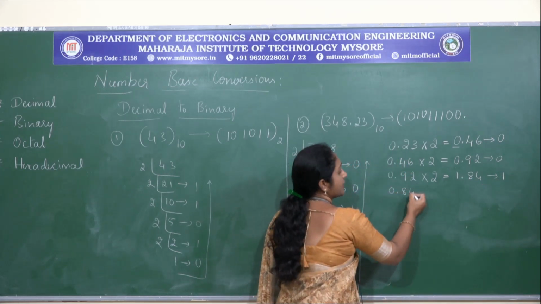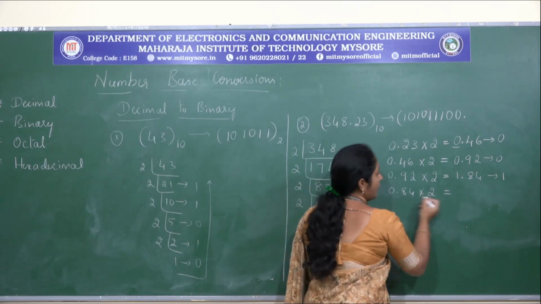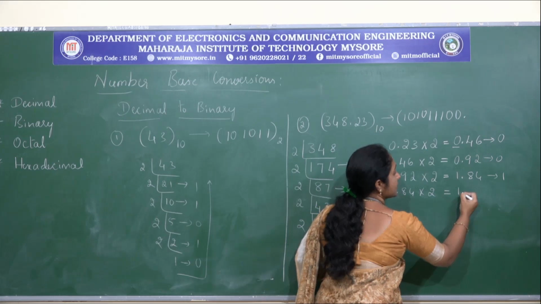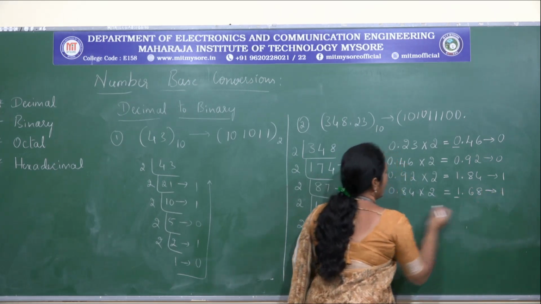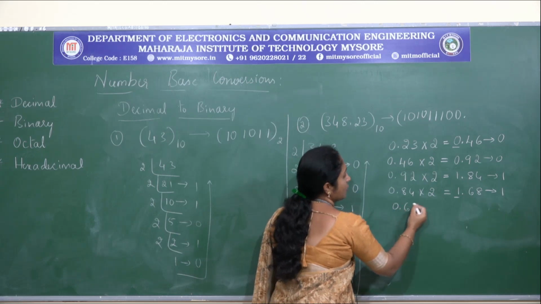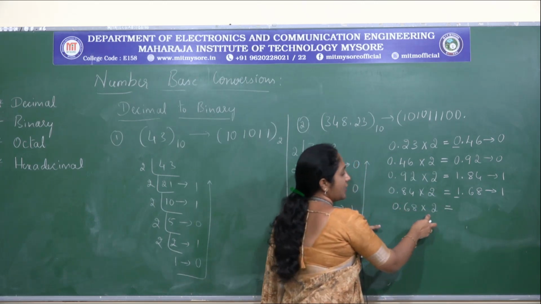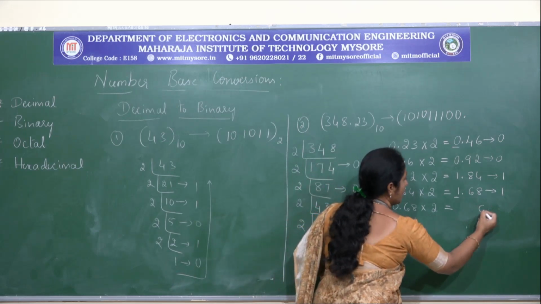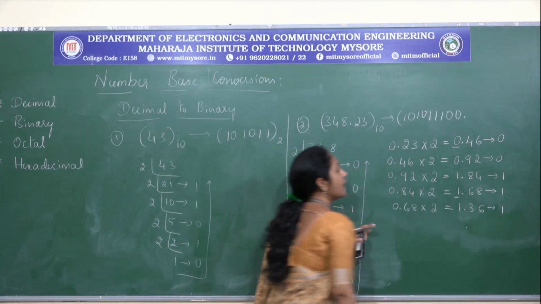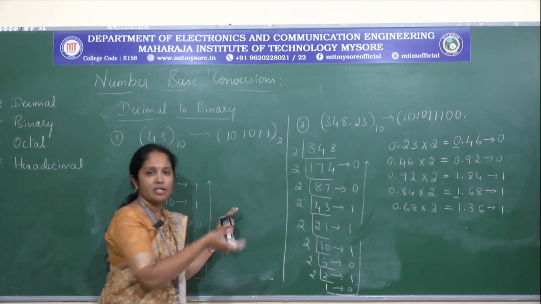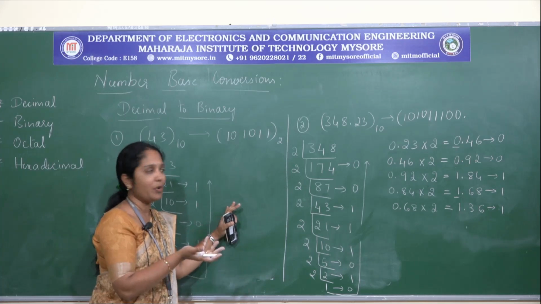Pass only 0.84 to the next step. Next, 0.84 into 2 is 1.68. You need to record this digit and pass only 0.68 to the next step. Again, 0.68 into 2 is 1.36. Here, I need to consider 1. This will continue. We need to stop after 4 or 5 digits as required.